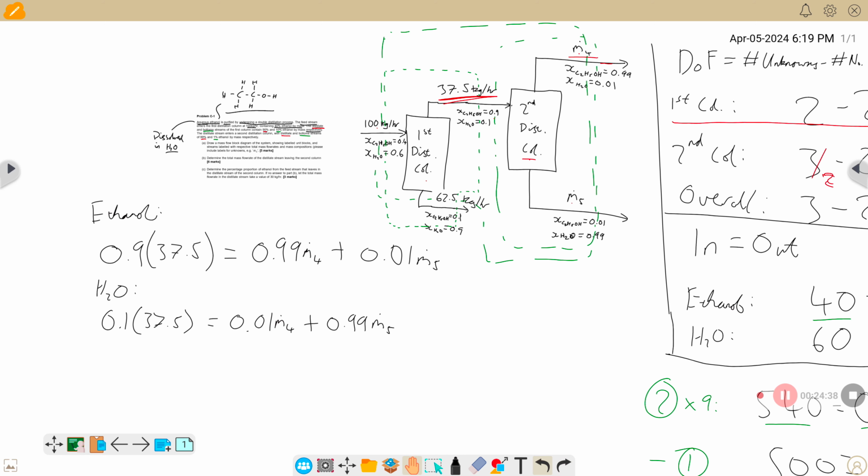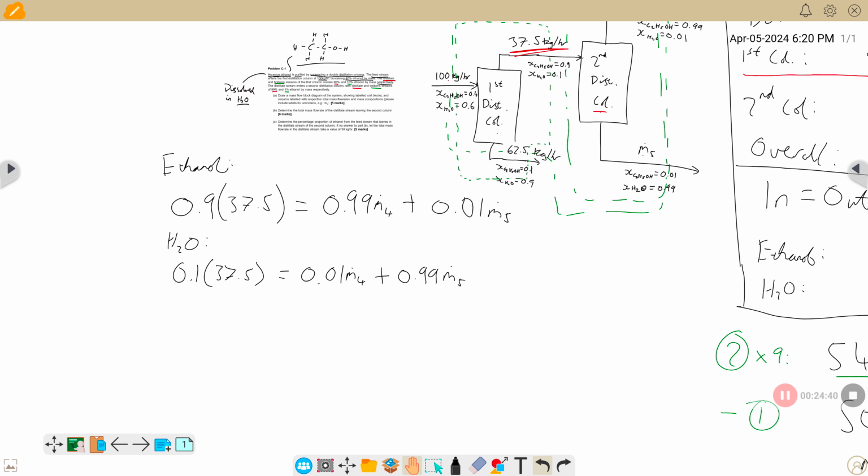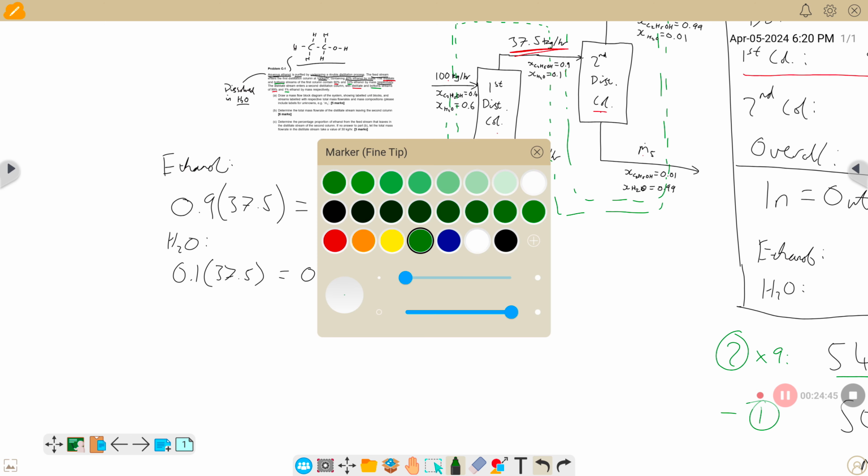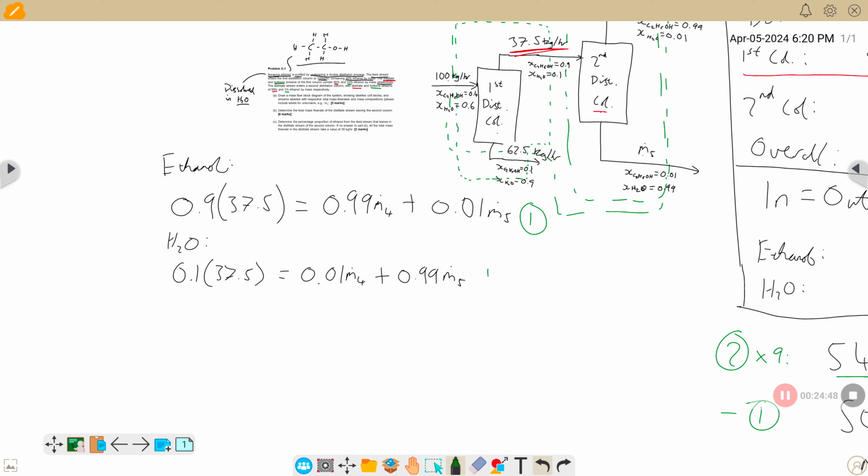So I'm going to do something similar to what I did earlier. Let's label the equations up again, shall I? I'm going to multiply this second equation by 99. So 3.75 times 99, let's just put that in my calculator to see what I get on my left-hand side. I get 371.25.